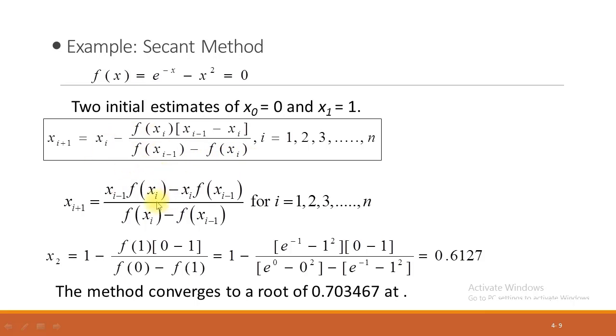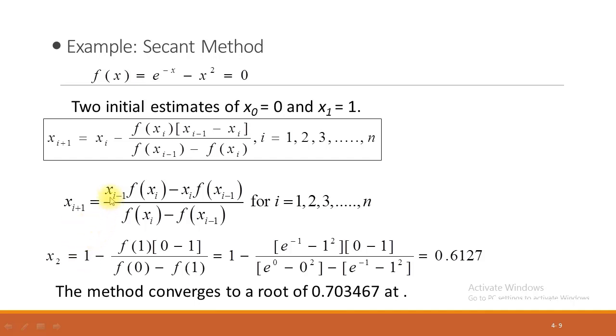This formula can be written as xi plus 1 is equal to (xi minus 1 f of xi minus xi f of xi minus 1) divided by (f of xi minus f of xi minus 1). So for i is equal to 1, here we obtain the next root x2.